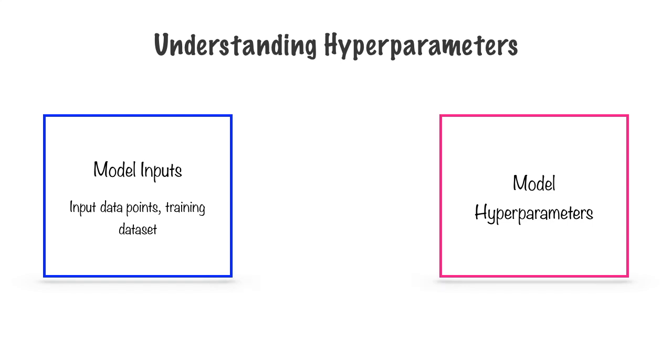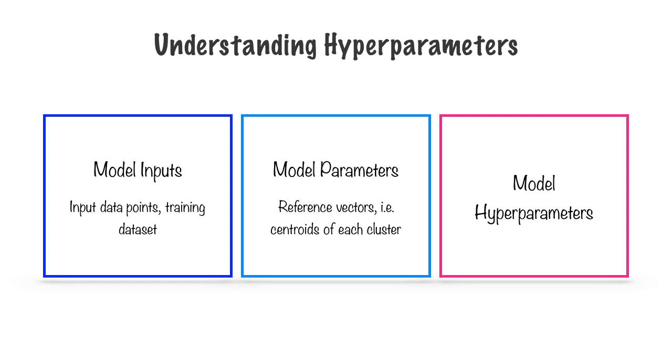And this brings us to the model parameters. The model parameters are the values that are tweaked and updated during the machine learning training process. And these model parameters help us make predictions. In the case of neural networks, they are weights and biases. In the case of k-means clustering, the model parameters are the reference vectors or the centroids of each cluster.